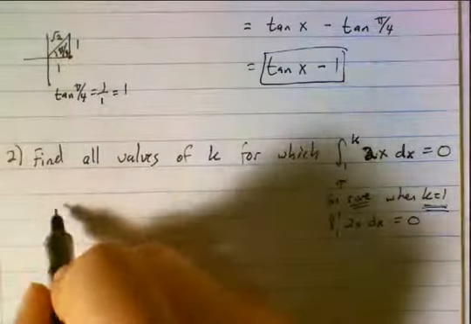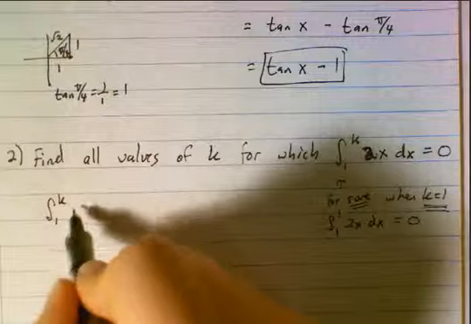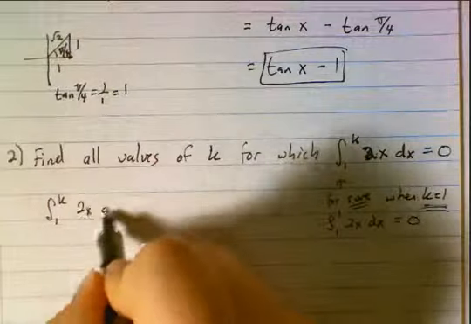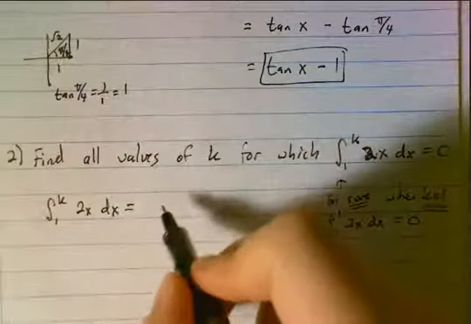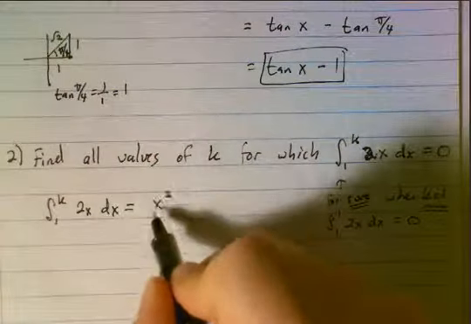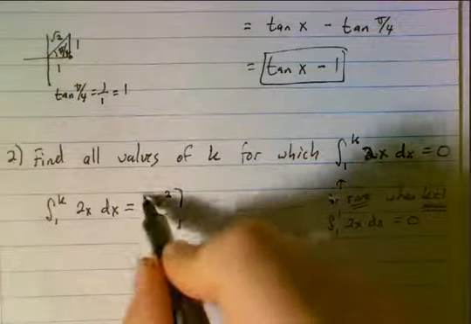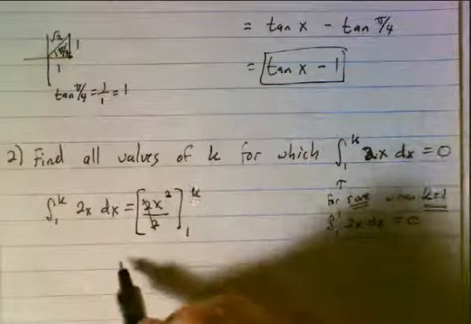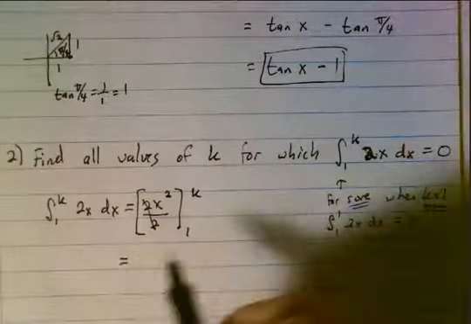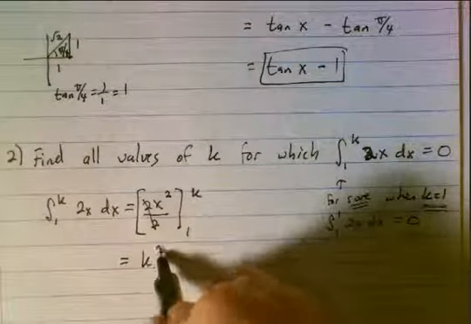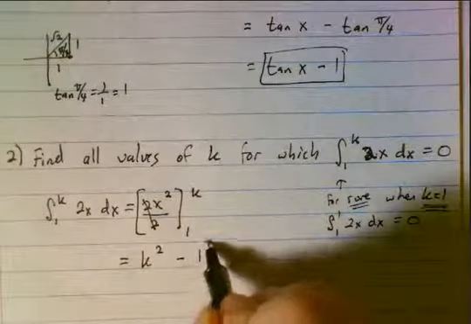So when we're doing this, the integral from 1 to k of 2x dx, we take the antiderivative, so that's x squared divided by 2 from 1 to k. So that's k squared minus 1 squared.